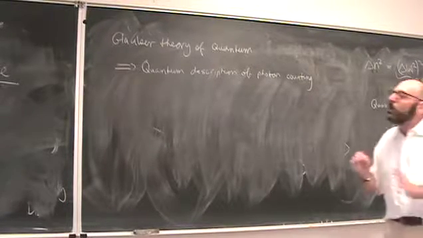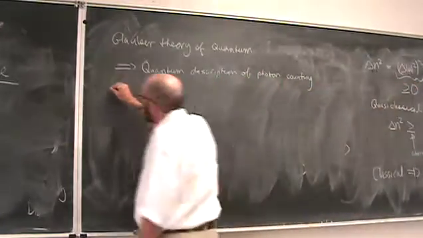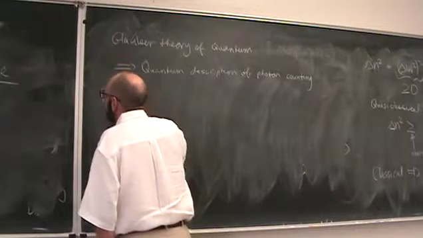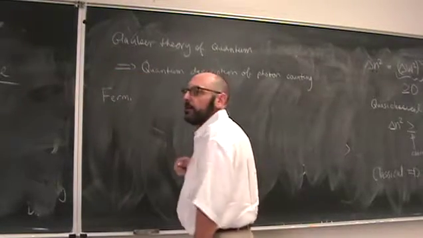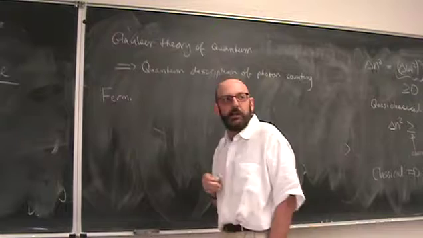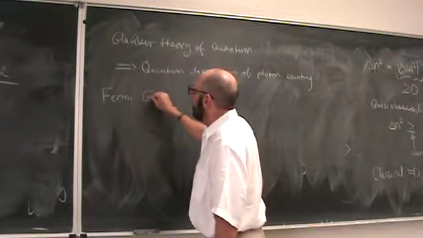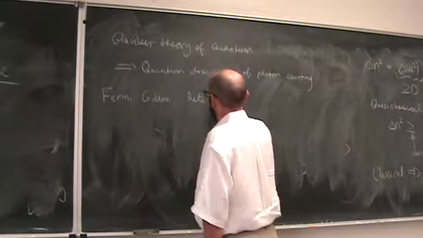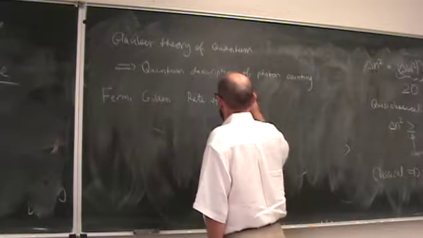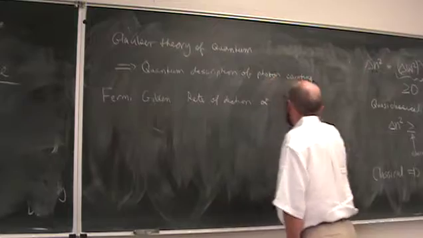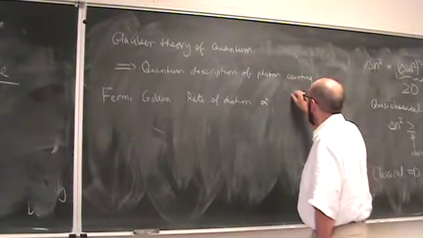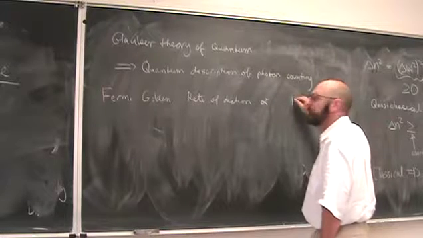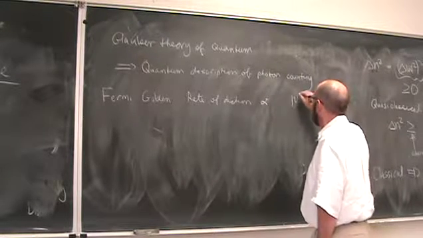If I just use Fermi's golden rule, what Glauber showed is that for a photodetector that counted individual photons, the rate of detection was proportional to what you might expect. I start, for simplicity, with some pure state of the field.